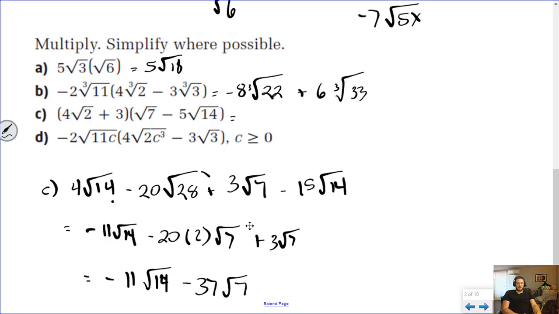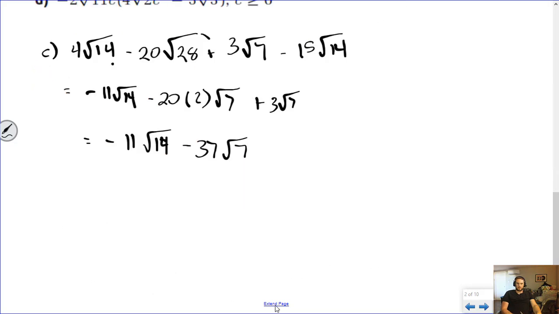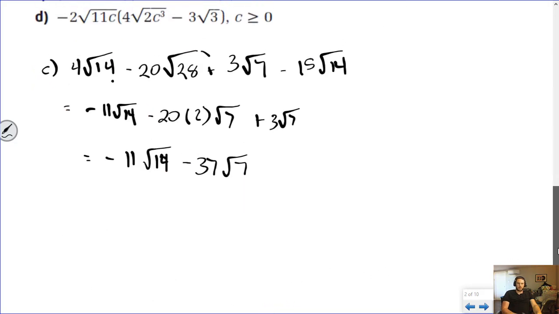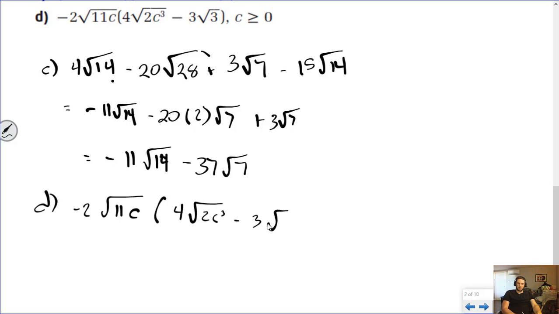Okay. And then finally, if we take a look at part D here, I'll scroll down a little bit so I have a little more to work with. So D, negative 2 root 11c multiplied by 4 root 2c cubed minus 3 root 3.